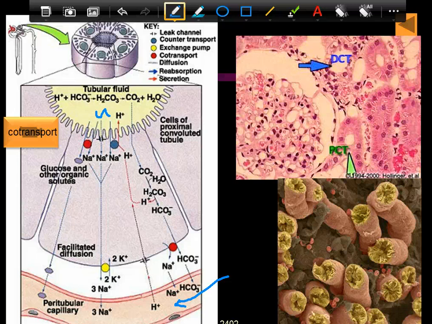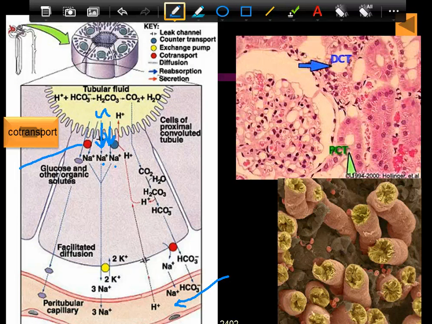So let's start with sodium. You see some sodium right in here, and look at the arrows going this way. We're going to move it from the urine, the tubule, across the tubule wall back into the blood to conserve sodium. And notice that there is a little red protein carrier right there.